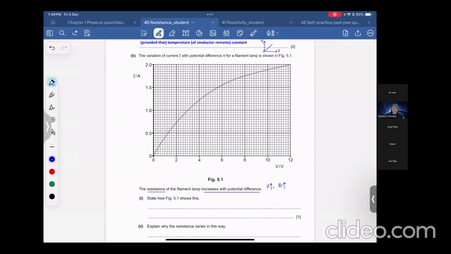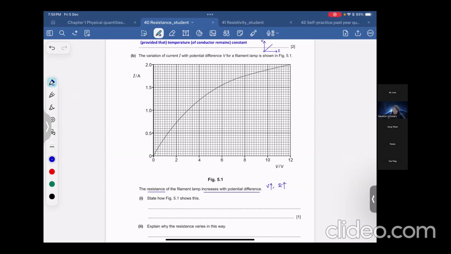Try, think, and then tell me. Manjo, let me have a look. Gradient, but explain more, dear. Prasan: gradient gets less steep. Does the gradient increase or decrease? Decrease, yes. The gradient becomes smaller. Correct.